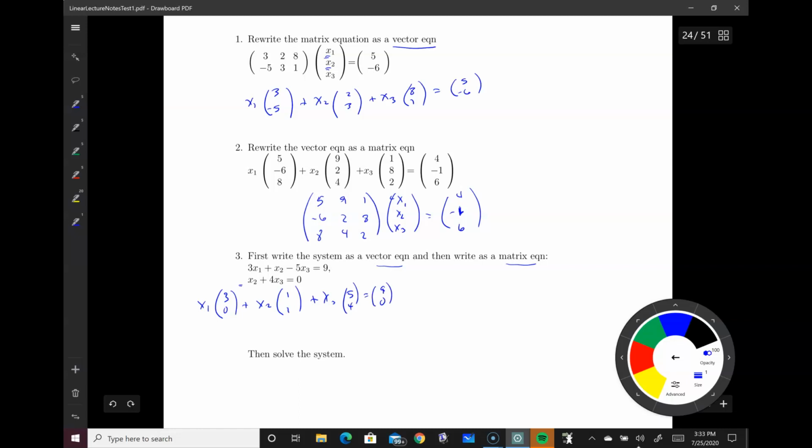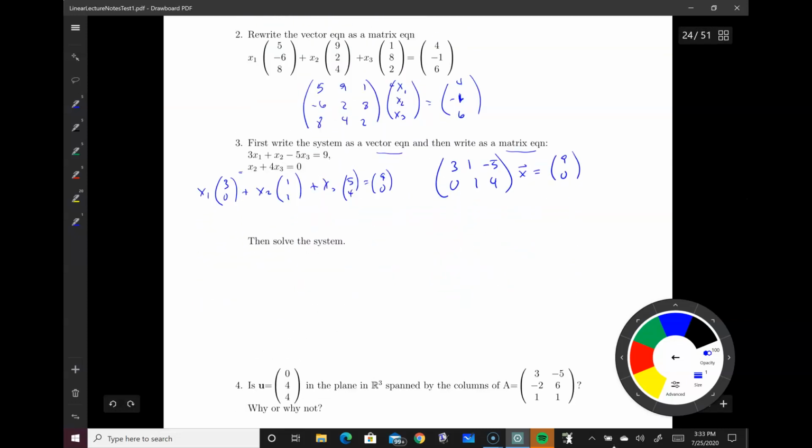Okay. Then if I wanted to write it as a matrix equation, that would be 3, 1, negative 5, 0, 1, 4, times x, right? I could write x like that, or I could write it as x1, x2, x3 is equal to 9, 0.